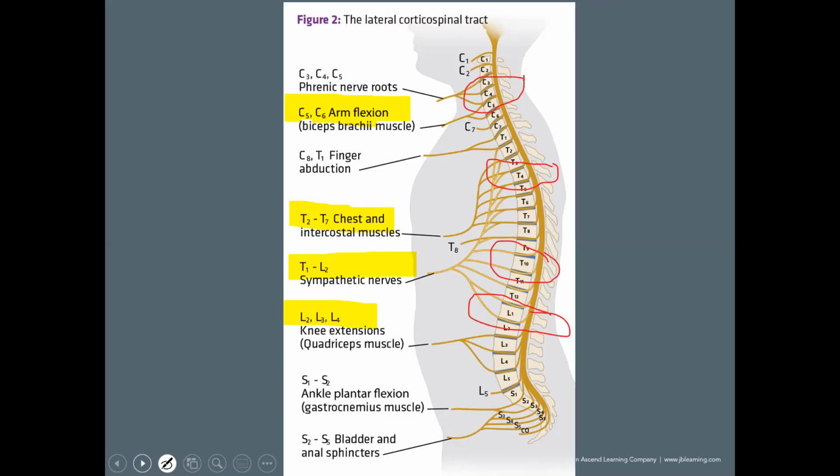So in this lecture, we're going to talk about 4 important dermatomes, which I have highlighted here. We're going to talk about C4, T4, T10, and L1, which is right here.